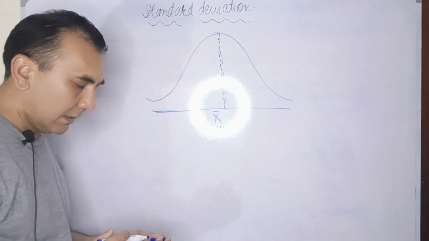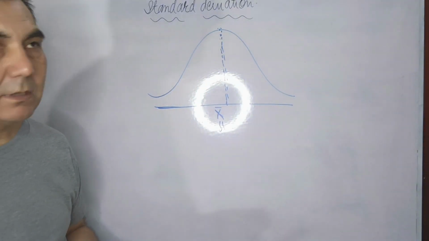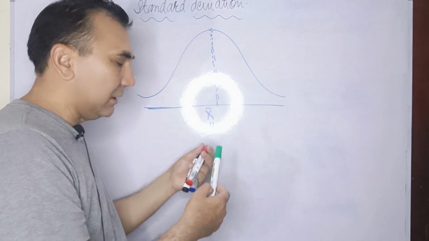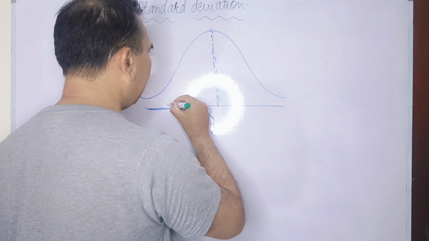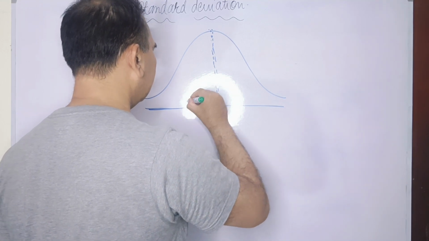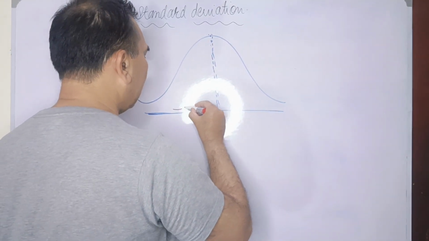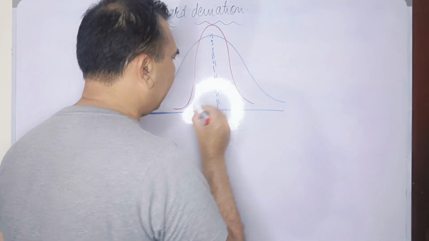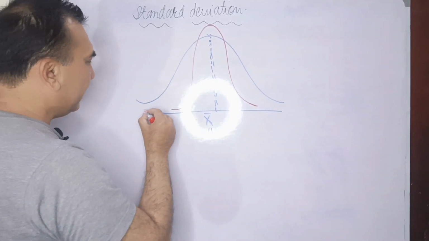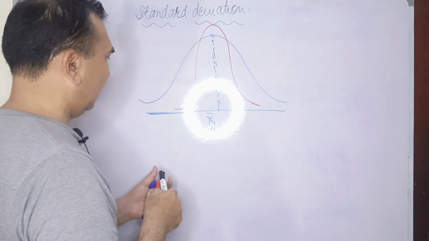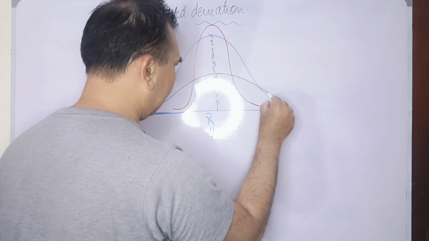Okay, let's clarify the concept of the standard deviation. Suppose a data set, one data, like this, and the second data like this.